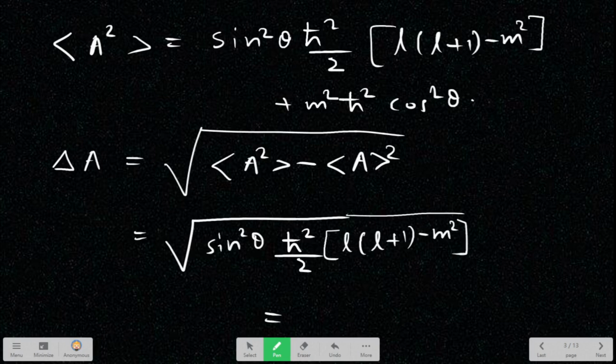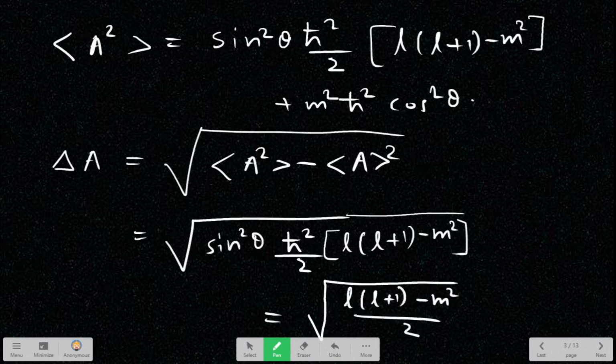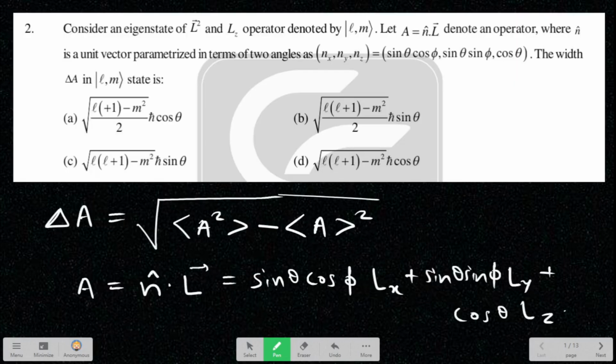So this is equal to root of L into L plus 1 minus m square by 2 h bar sin theta. So this is the width delta A. Correct answer will be option B.